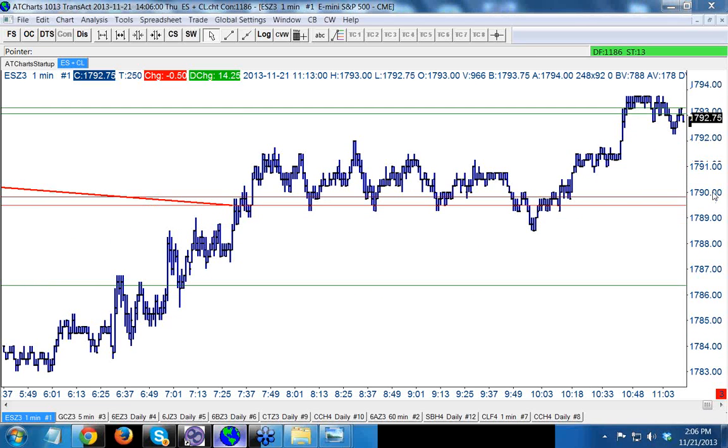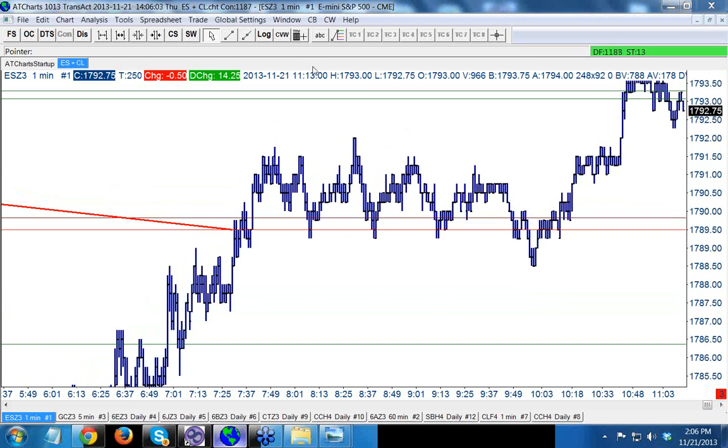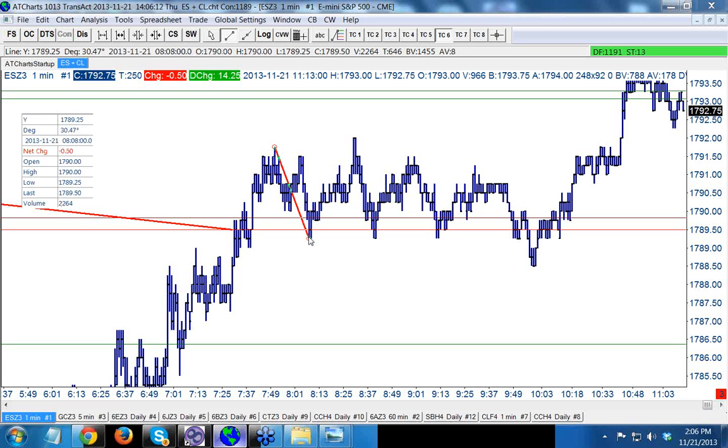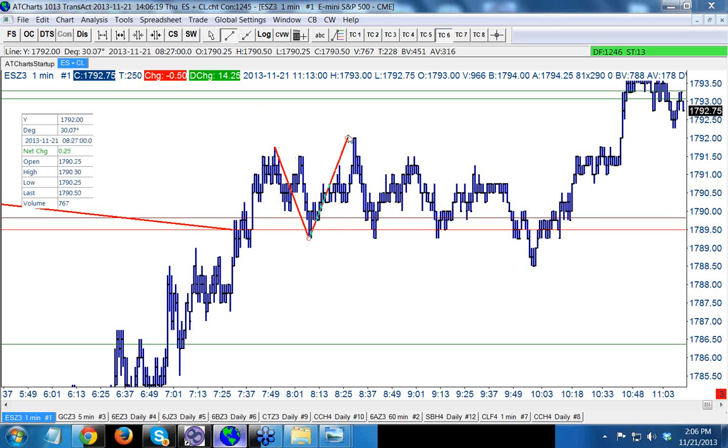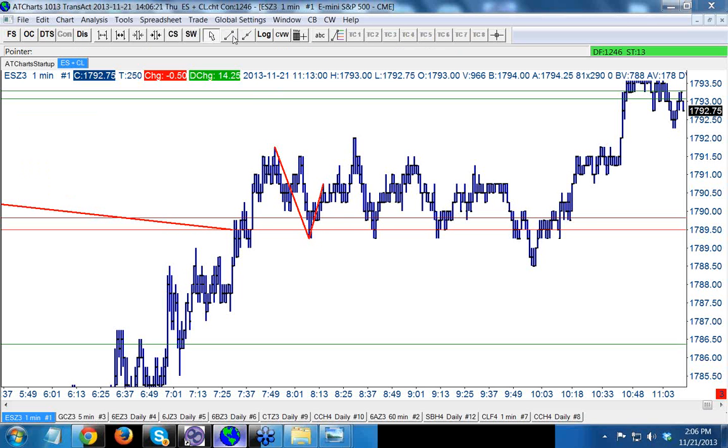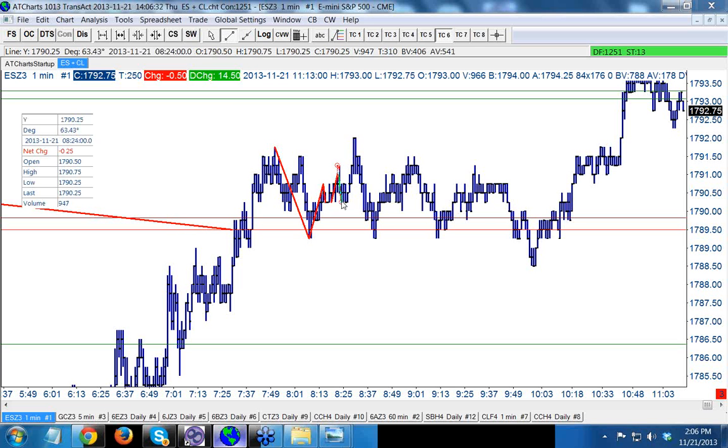So if you got short over there, and your stop initially is way up there, you made a move above here, but you have these little guys in here. See that? So you say, well, this is just a little bit of noise. I'm taking a little bit of heat. I didn't get stopped out yet, but these things that I'm drawing in can help.